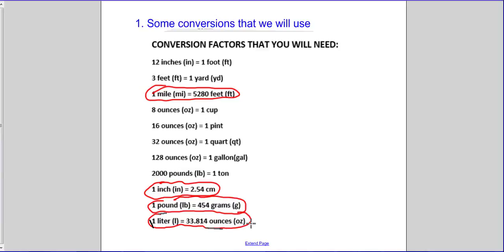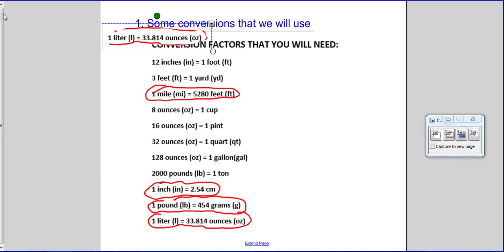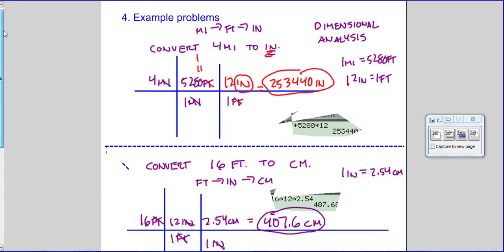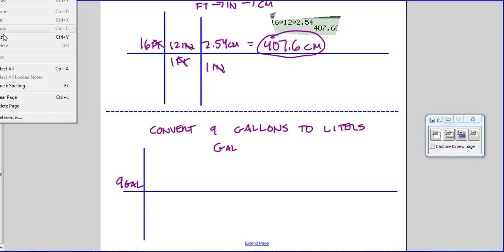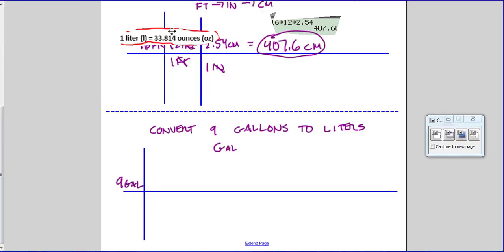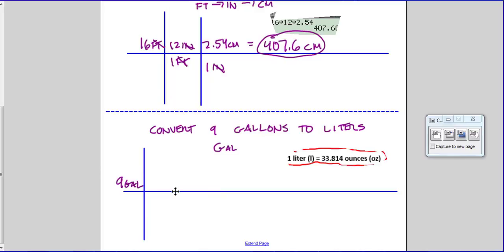I know that 1 liter is 33.814 ounces, so I'm going to copy that. The thing is, I need to get to ounces. Well, I know 128 ounces is a gallon. So I'll go gallons to ounces, then I can go to liters, and I'm there.